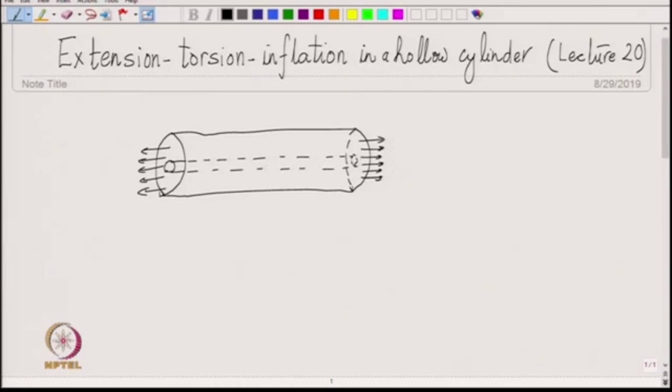And then you would be applying pressure within the inner cavity of the cylinder to inflate it. So, there will be some pressure in this red region, internal pressure.